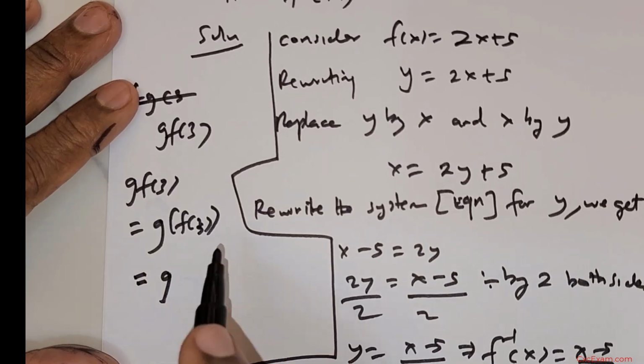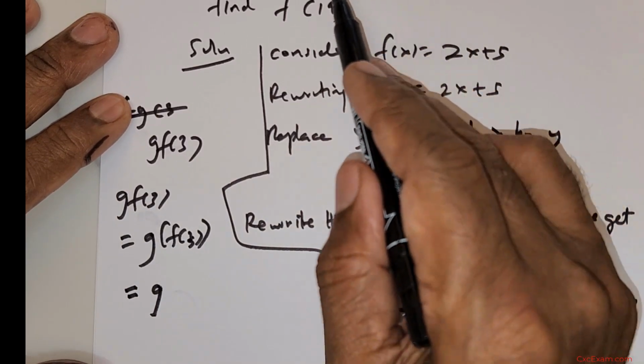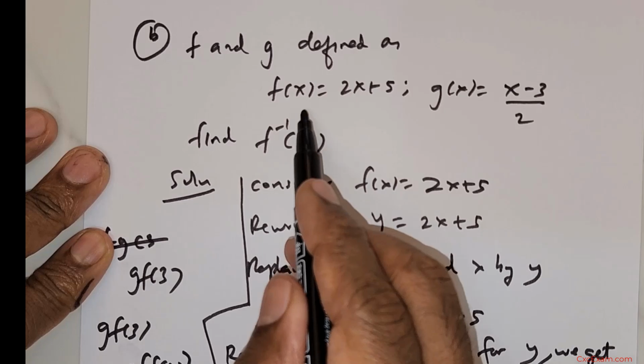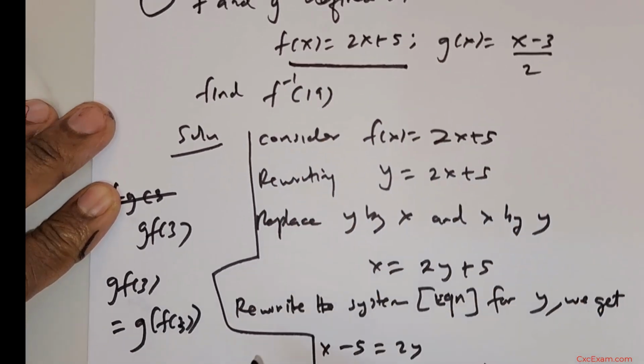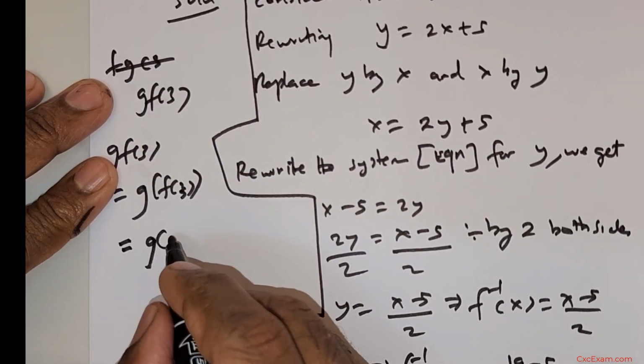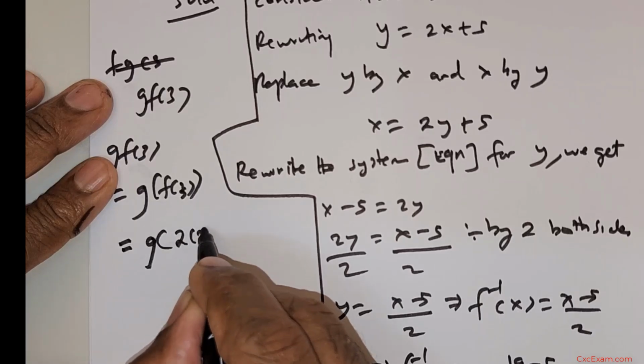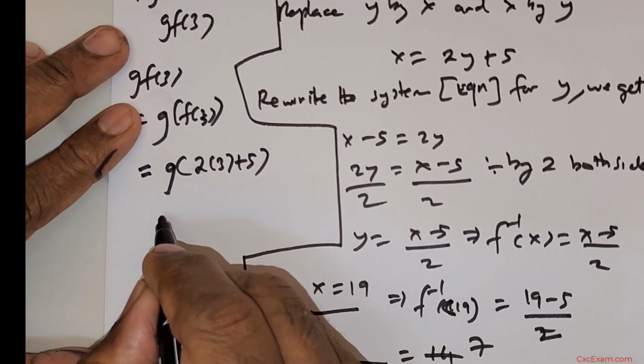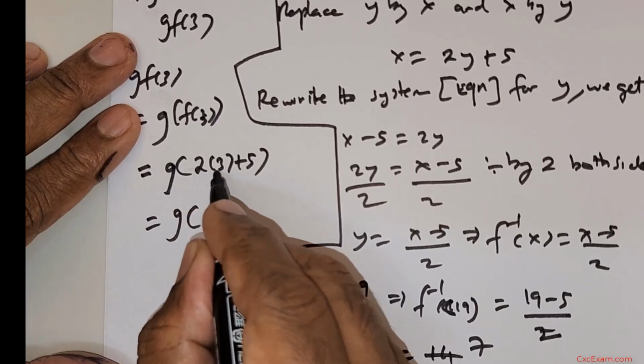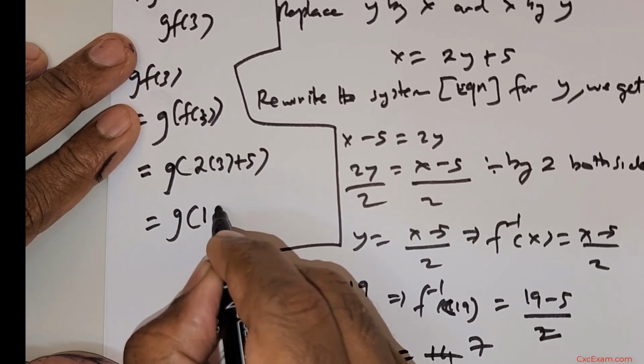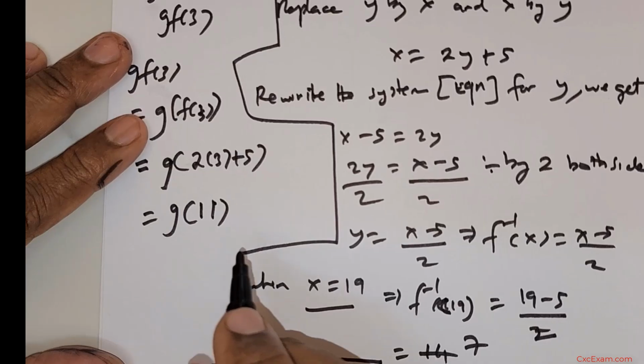Now we need to get f of 3, right? So this is the functional value. So you open a parenthesis. It's going to be 2 times 3 plus 5. So this means g of, 3 times 2 is 6, 6 plus 5 is 11, g of 11.